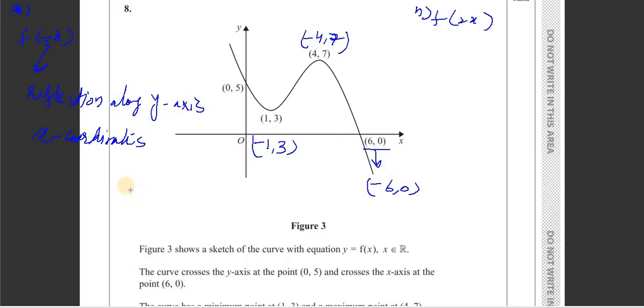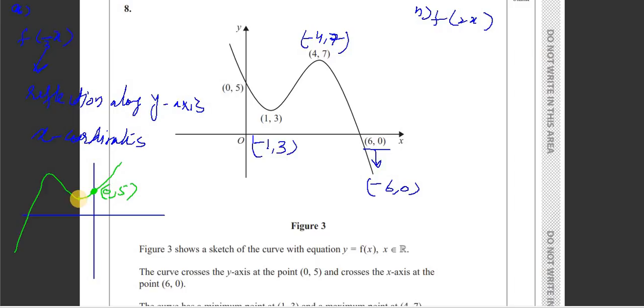So what do you need to do? Your graph will be something like this, and this coordinate will be 0,5, there's no change.